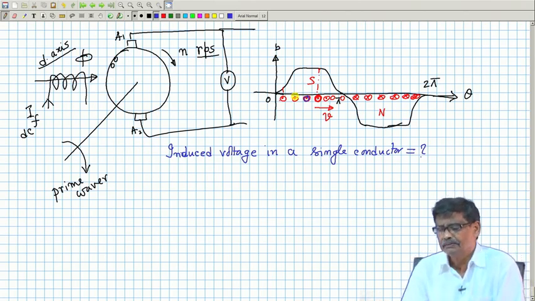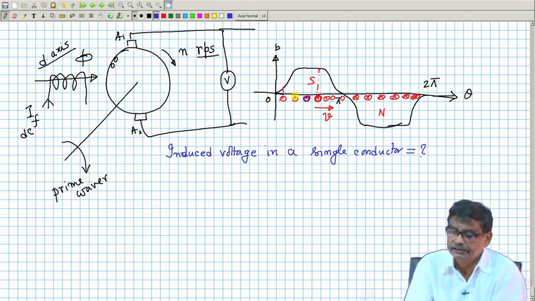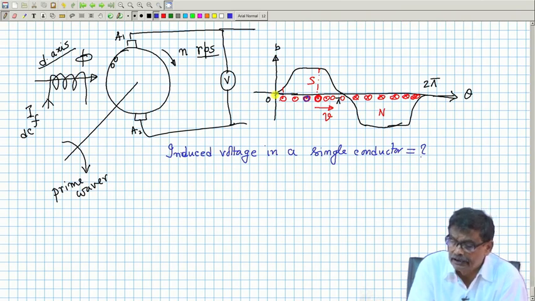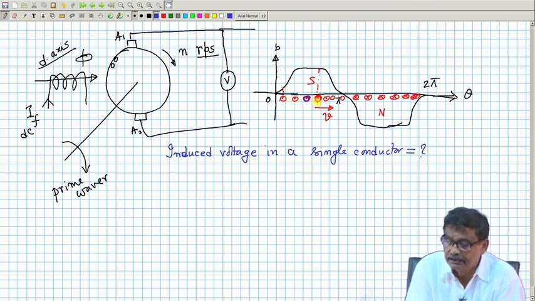Now, it may look a bit funny that this conductor will traverse this whole length as time passes. Okay, polarity remains same, but the magnitude of the induced voltage here, because this fellow a little time earlier was here, it has now occupied this position, induced voltage has become more, B is more.